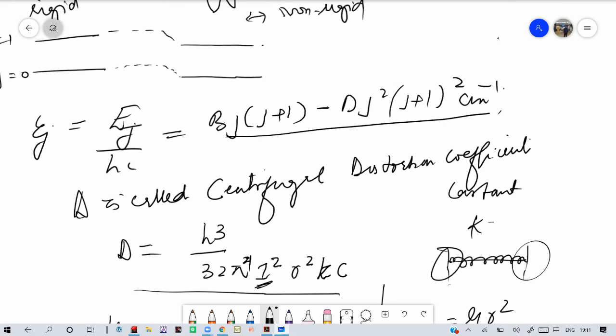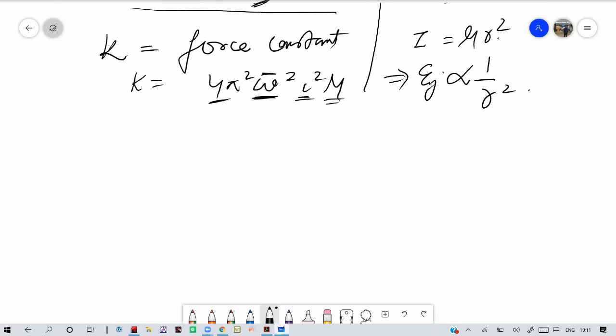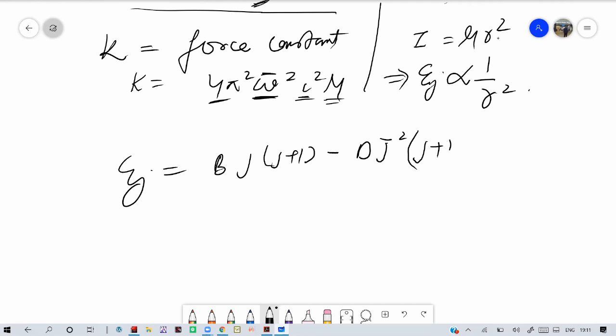If there are anharmonic terms, then EJ will be equal to BJ into J plus 1, minus all the higher order terms: D J squared into J plus 1 squared, plus K J cubed into J plus 1 cubed, and so on.